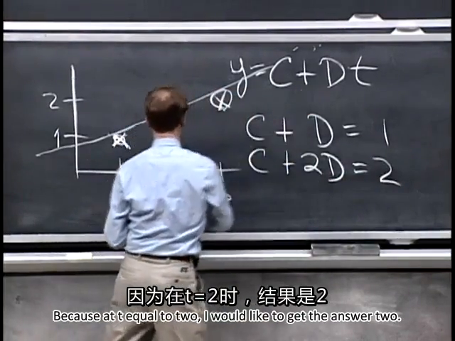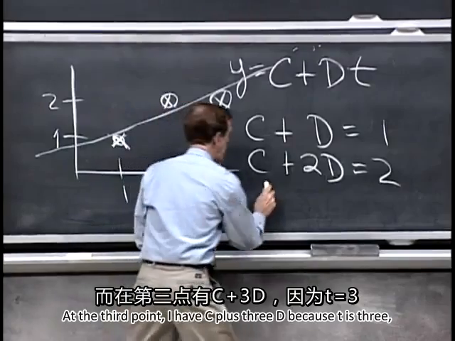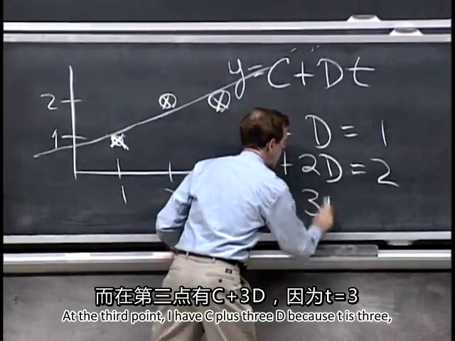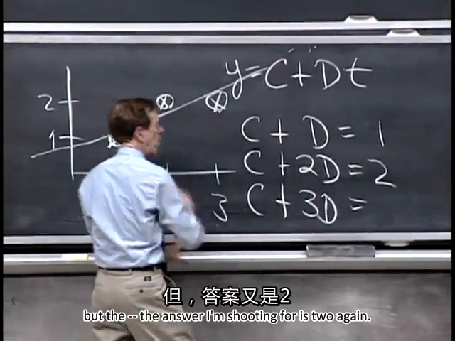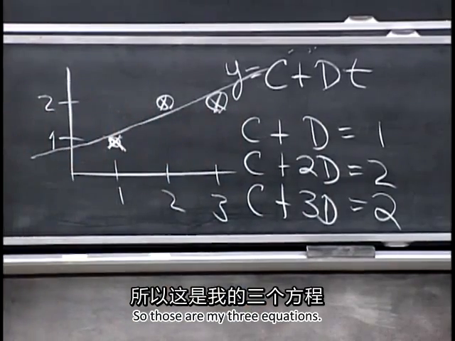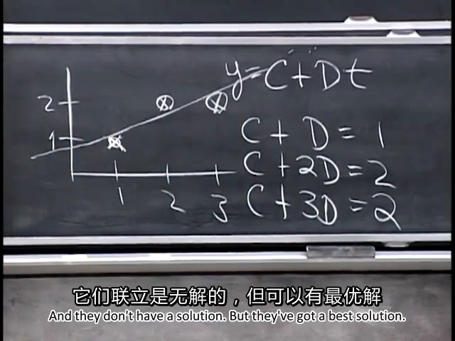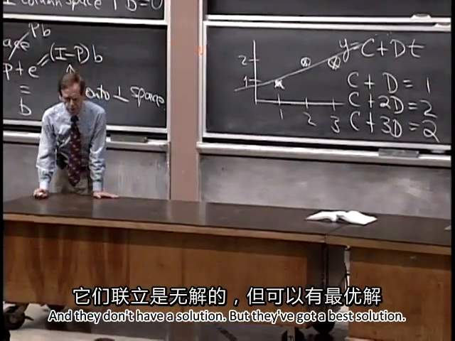Because at t equal to 2, I would like to get the answer 2. At the third point, I have C plus 3D, because t is 3, but the answer I'm shooting for is 2 again. So those are my three equations. And they don't have a solution. But they've got a best solution.